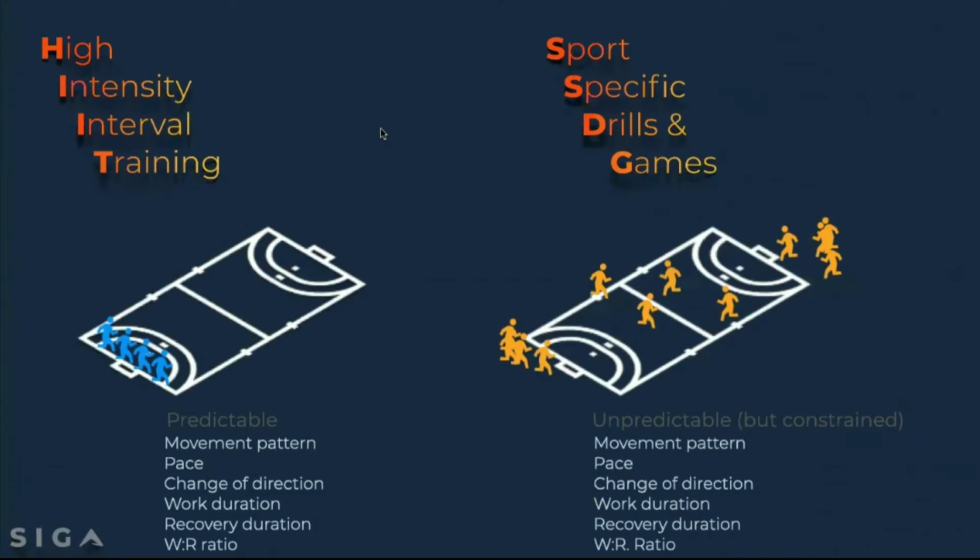You can constrain the task so they move and have an intensity in a certain way, but for sure it's not predictable. Change of direction, they will be moving in many directions, so also not predictable. Work duration, recovery duration, and work to rest ratio, you have a certain idea. You can constrain these parameters to achieve your goal, to improve performance, but they are not fixed parameters.